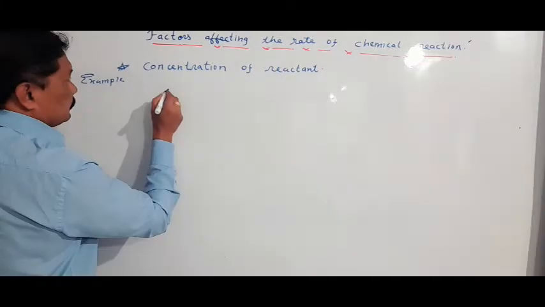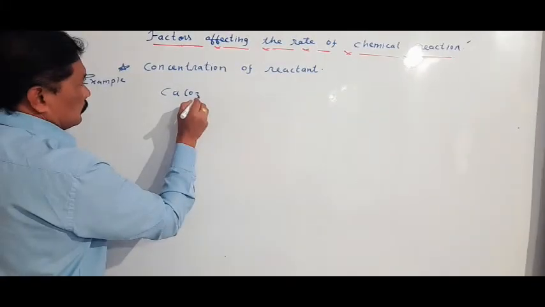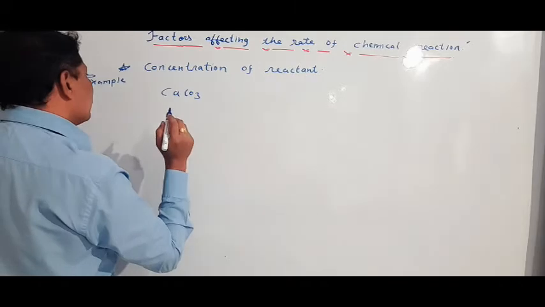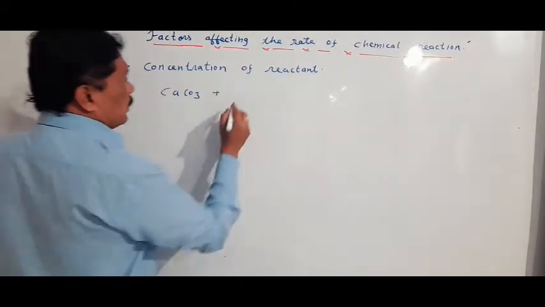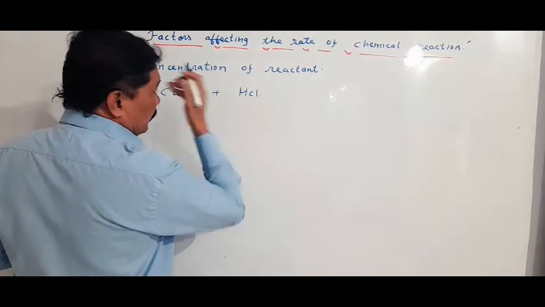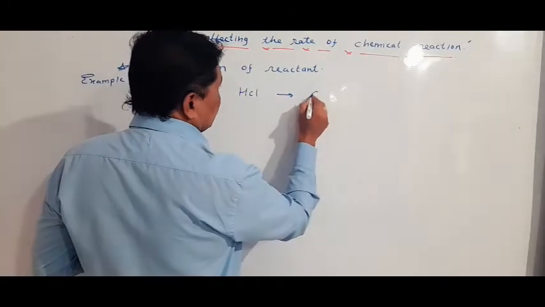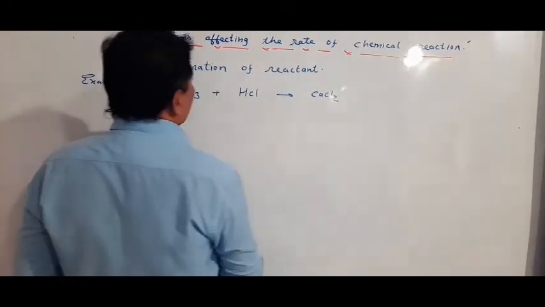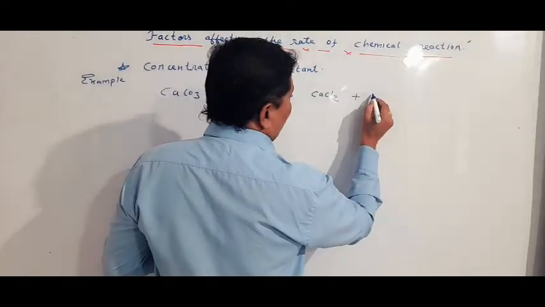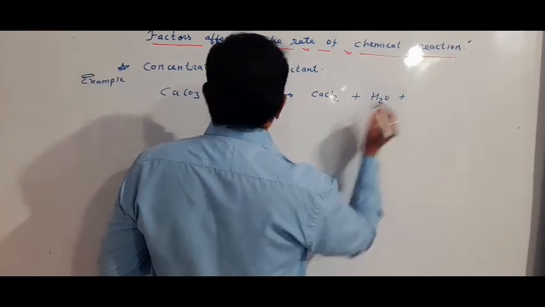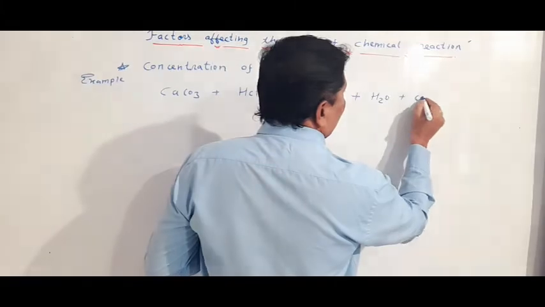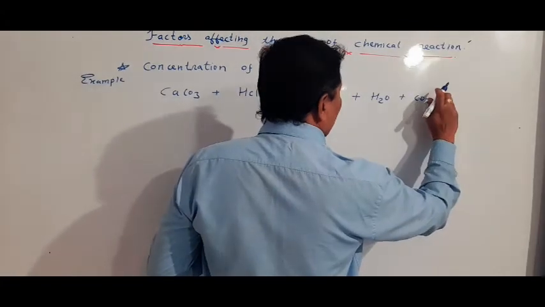Example: calcium carbonate reacts with HCl and gives us calcium chloride plus water plus carbon dioxide gas is liberated.